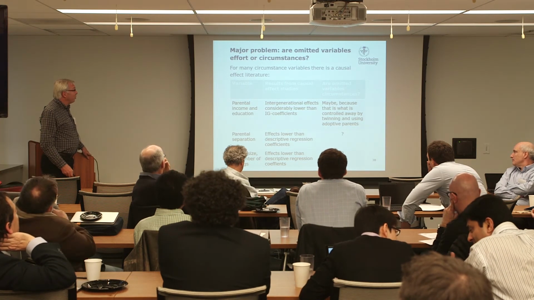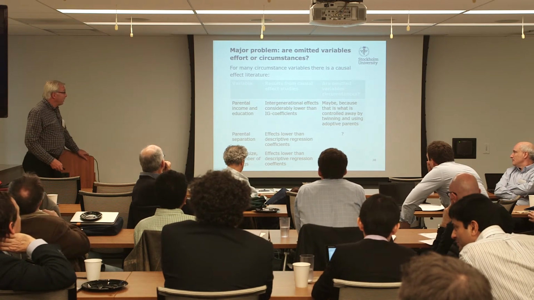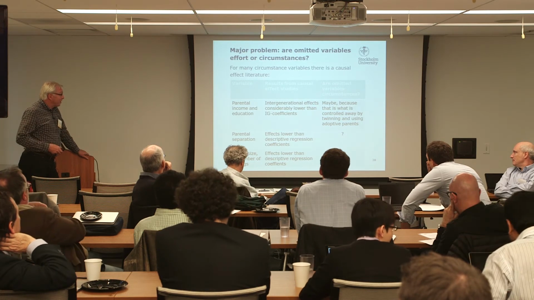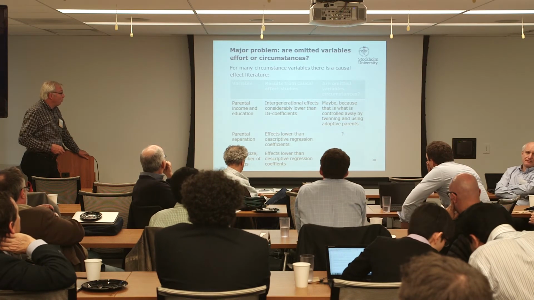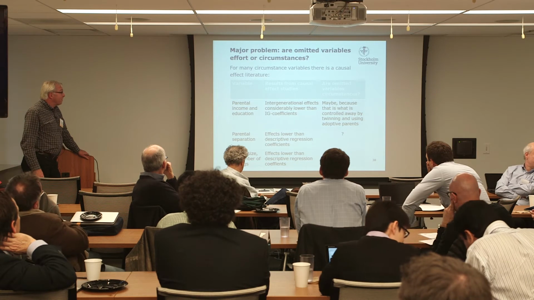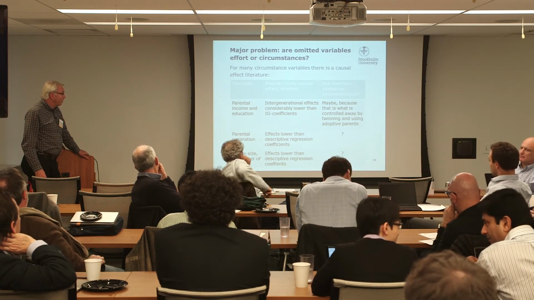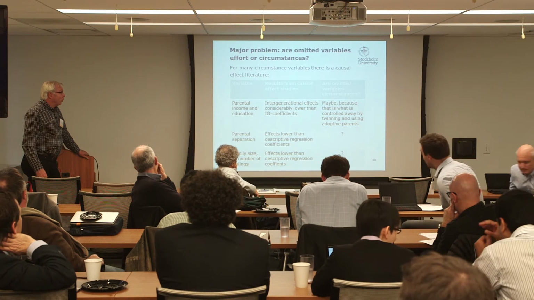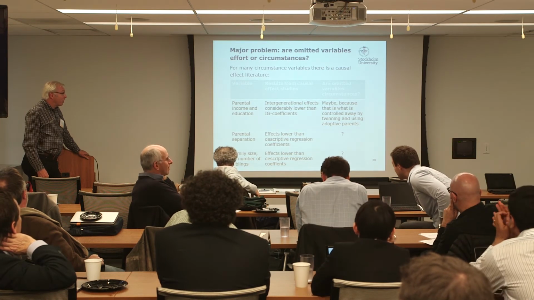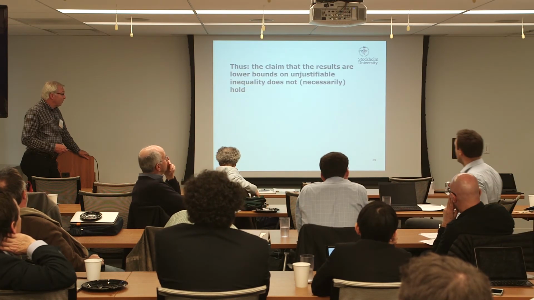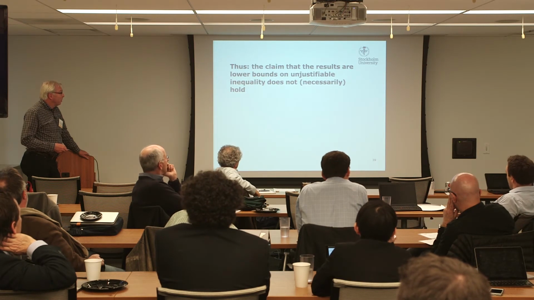Of course, it's the correlated omitted variables that I have in mind, and I have already said I think that for a lot of these circumstance variables that are applied in the equality of opportunity approach, there is also a causal effect literature, and in general there is quite a big difference in the results.